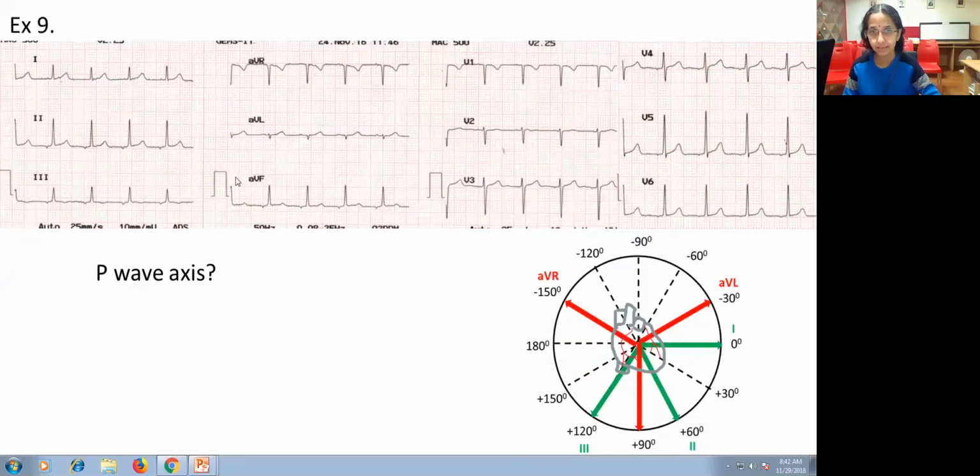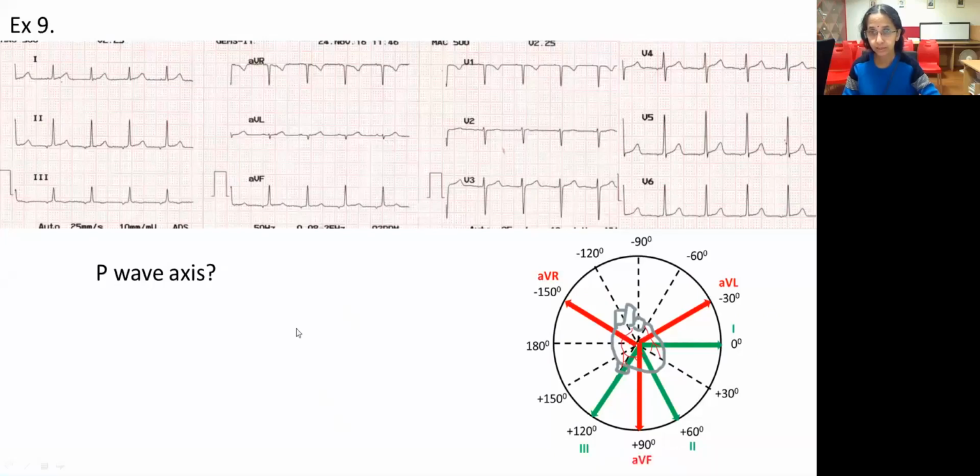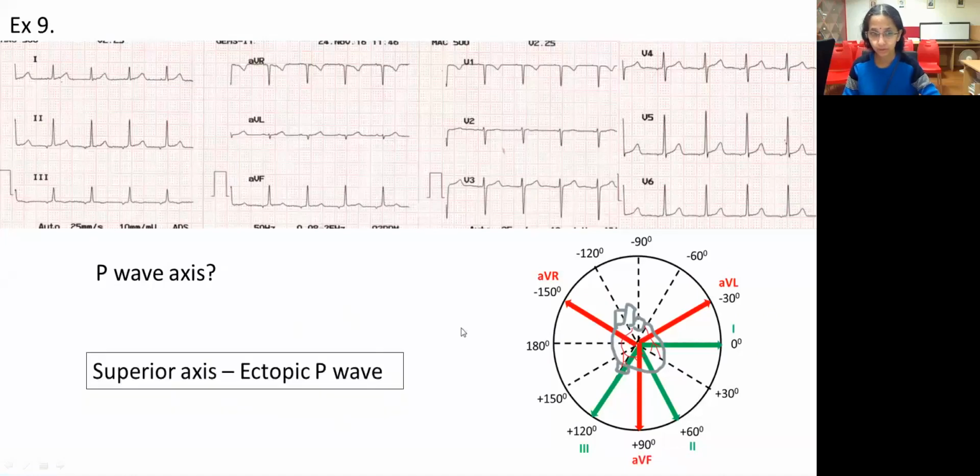Yes, because see this, AVF is negative and lead 1 is positive. So it is left superior quadrant or it's left axis deviation. Further, if you go in and see, it's negative in lead 3 and it's negative in lead 2 also. It's positive in AVL. So it's in the left lower quadrant. So left upper quadrant, sorry.